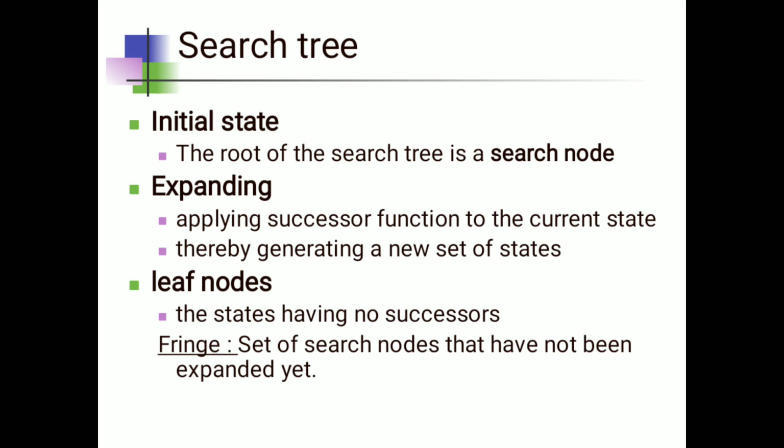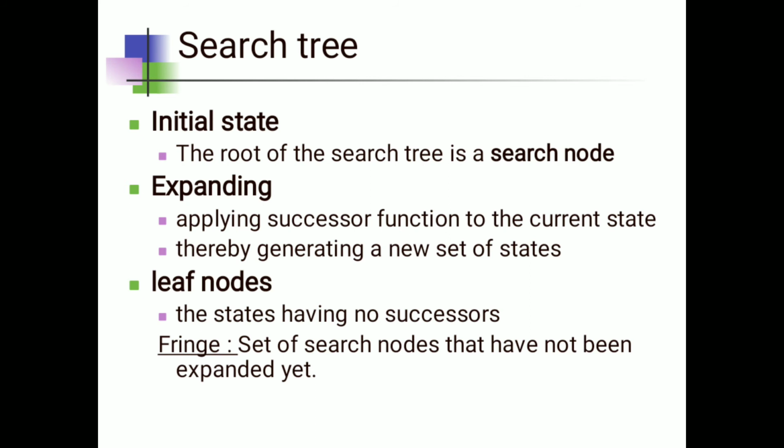Then the next one is the leaf nodes: the states having no successors. If you imagine the tree structure, we have the root, the branches and the leaf nodes.